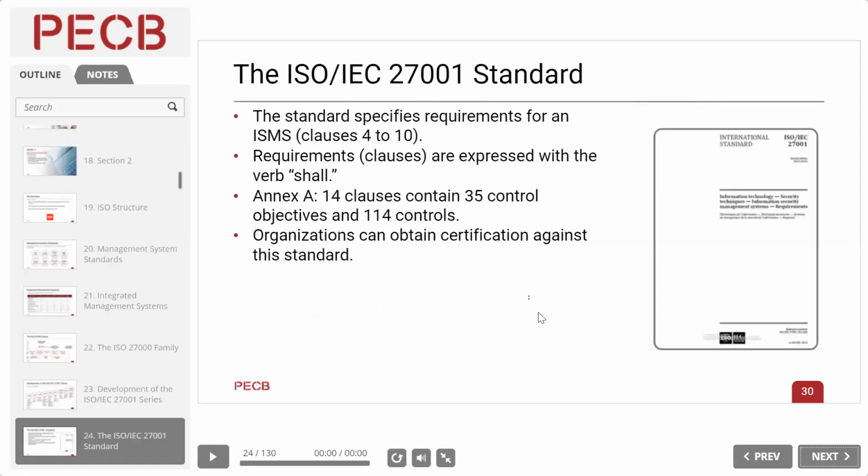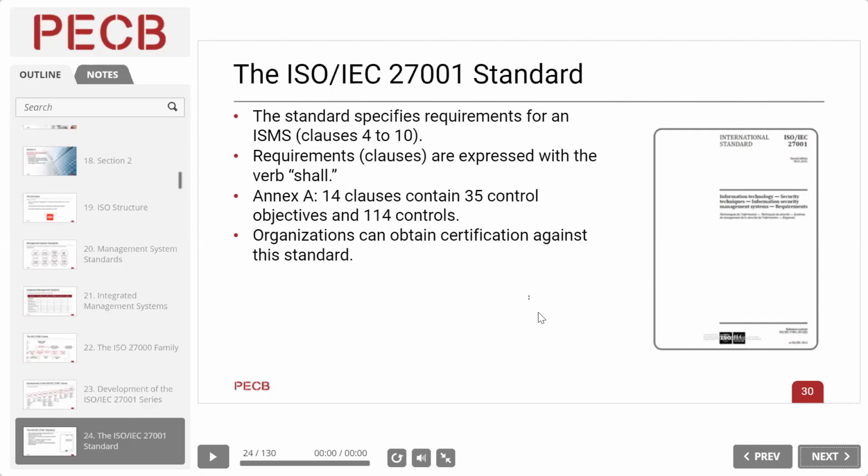So this is how the standard looks. This is how the actual document from ISO looks. You can get this document from the Ghana Standards Authority.